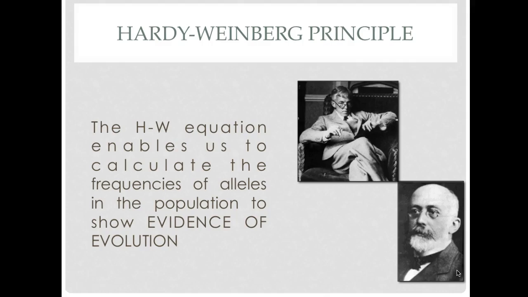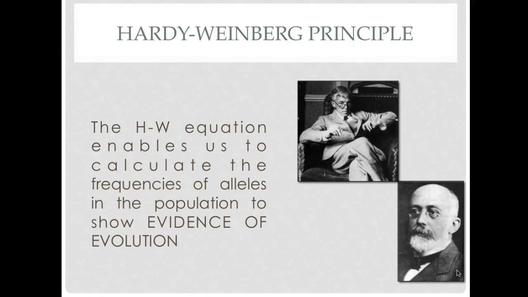Because knowing this principle helps us use the following 2 equations that you're going to be learning about that are associated with this principle. And it helps us to calculate the frequencies of alleles in the population to prove that evolution is happening. So, for example, if you have a gene pool and, let's say there was brown hair and blonde hair. Obviously hair color is more complicated than that, but let's just say there were 2 alleles.